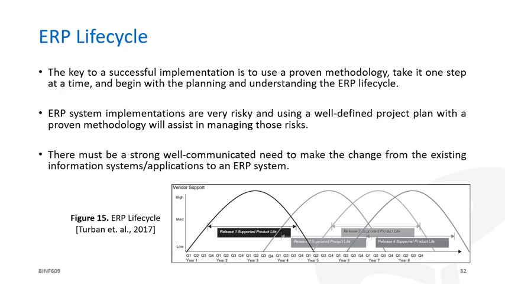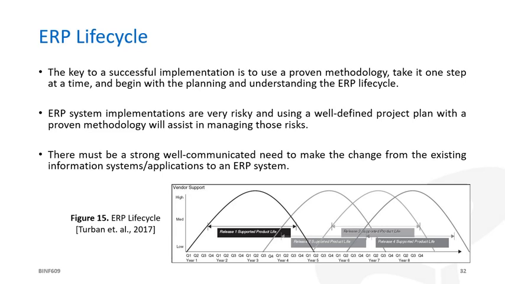When a system implementation doesn't have a well-defined methodology, deadlines will be missed, budgets will be overspent, and functionality will not meet the client's needs and requirements. ERP system implementation can be very risky, so using a well-defined project plan with a proven methodology will assist in managing those risks.